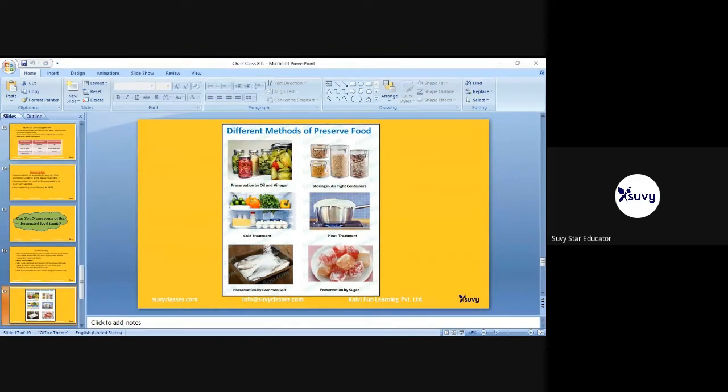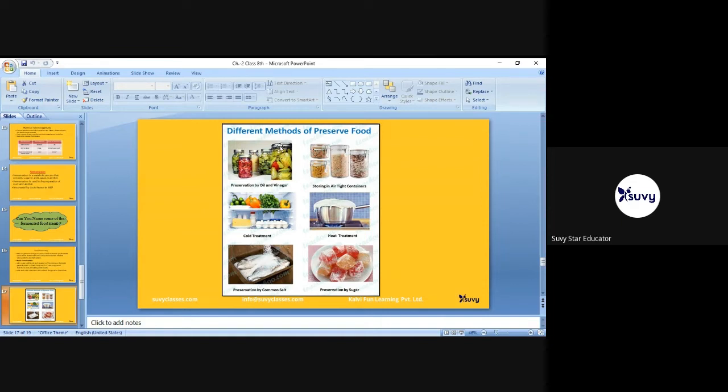Why is the oil added? To preserve that pickle, the oil makes a layer which will prevent oxidation. Once oxidation has been prevented, it can protect the food from different microorganisms, right? So that's the first method, preservation by oil and vinegar.